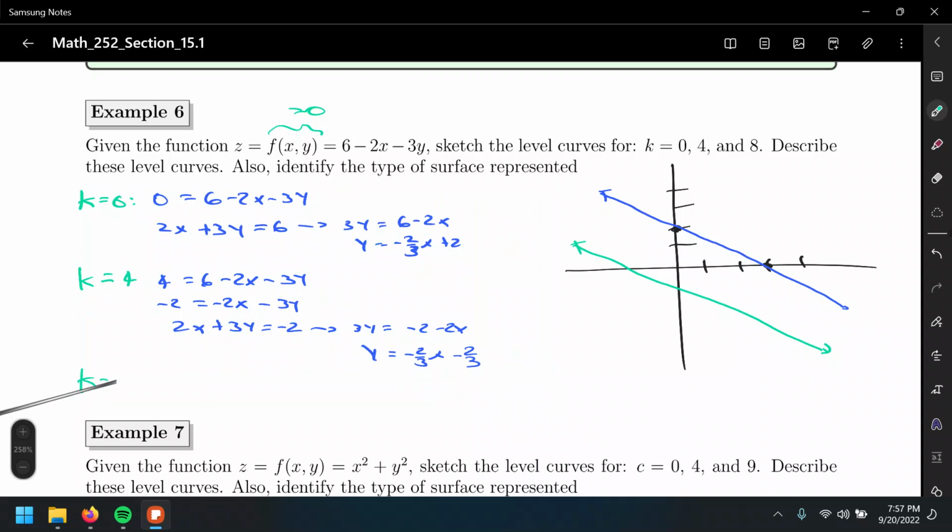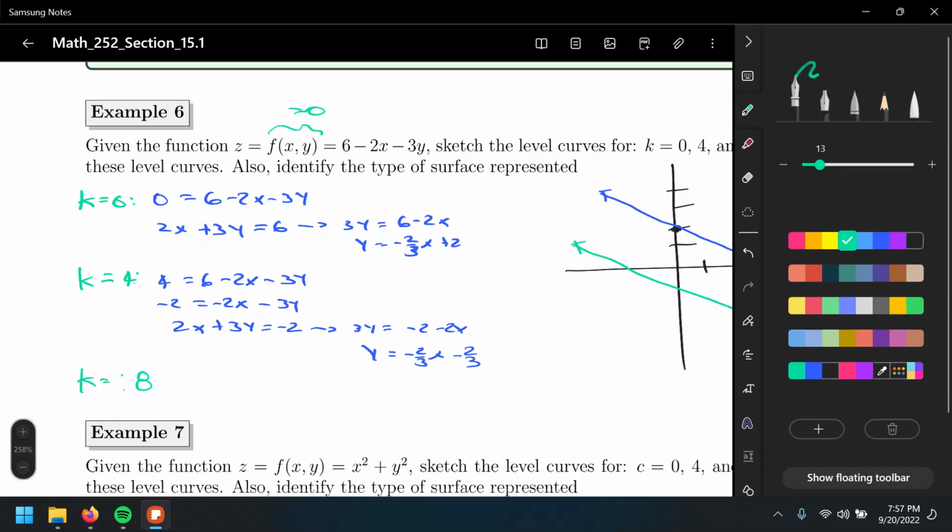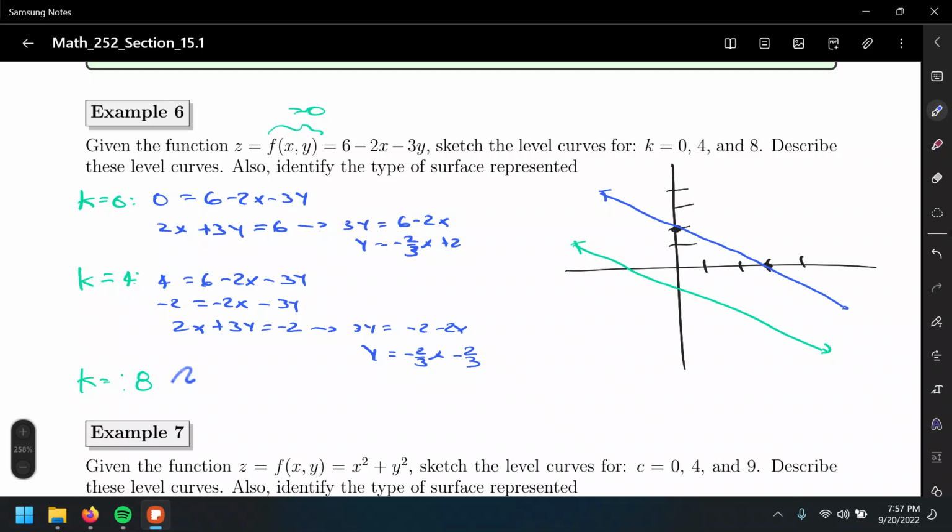For k equals 8, this is going to be 8 equals 6 minus 2x minus 3y. That's going to give us a 2.